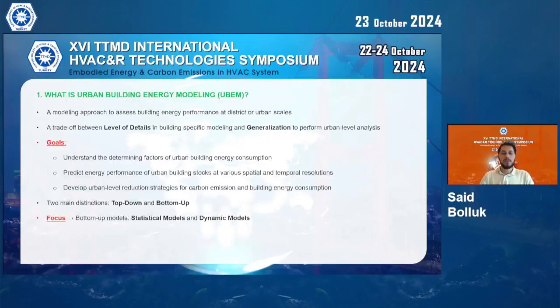So let's start with the description of urban building energy modeling. UBEM is a modeling approach with which we can assess building energy performance at the different spatial scales of urban areas. While developing UBEM, the aim is to generalize the characteristics of urban building stocks so they can be modeled collectively.